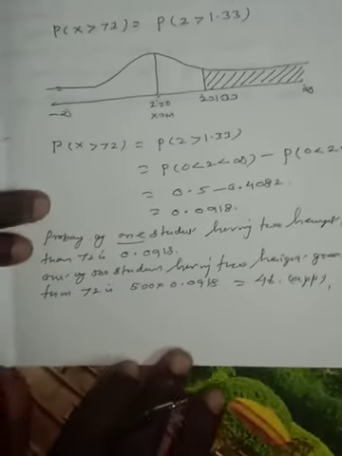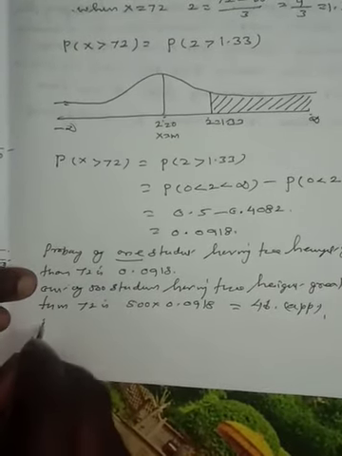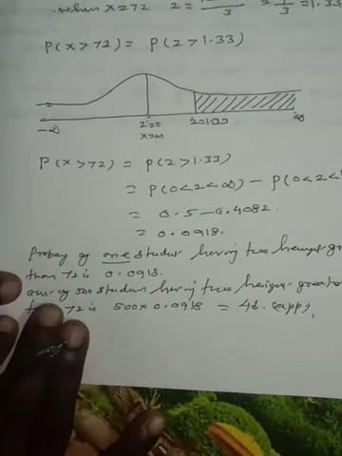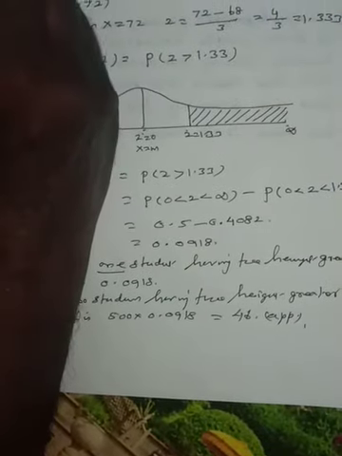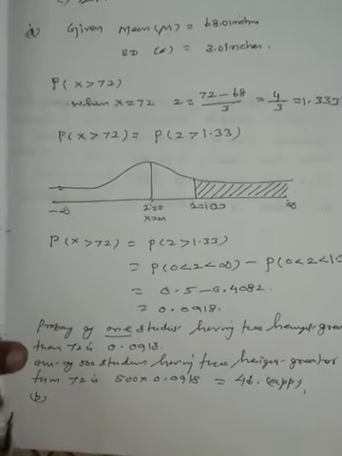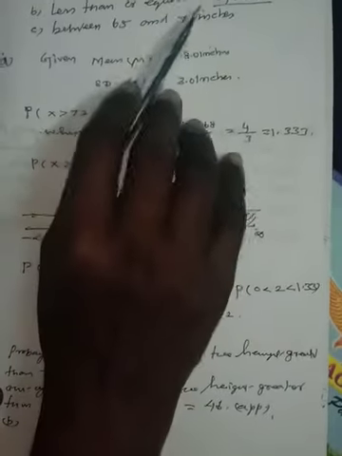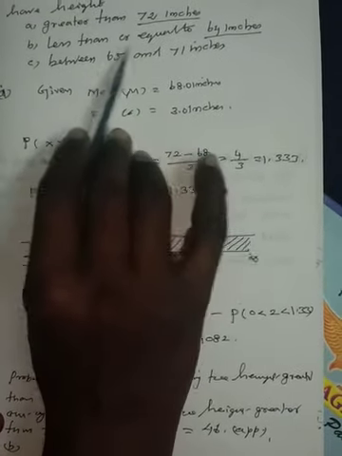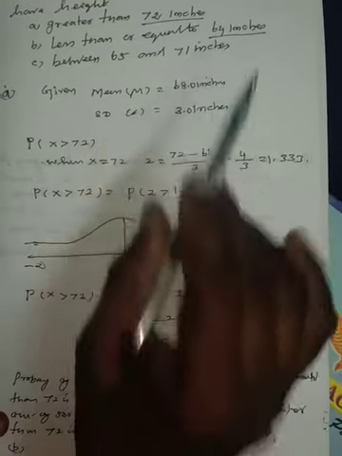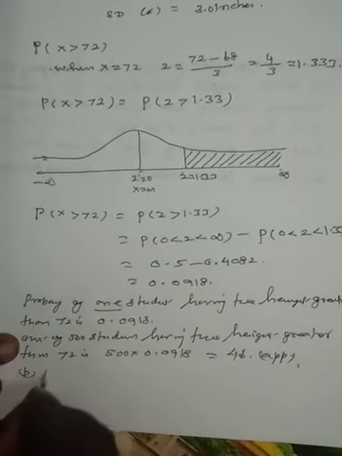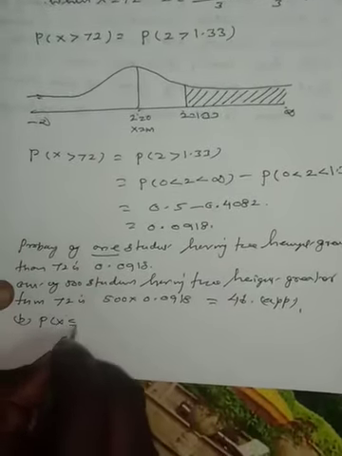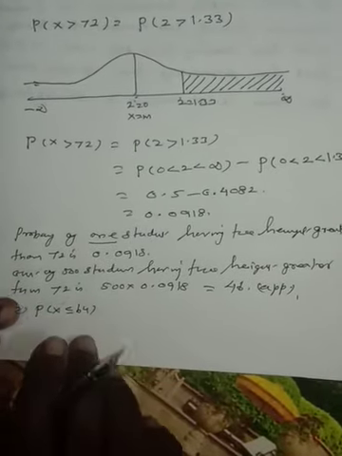This is A. Next, B. The probability of height less than or equal to 64 inches, so P of x is less than or equal to 64.